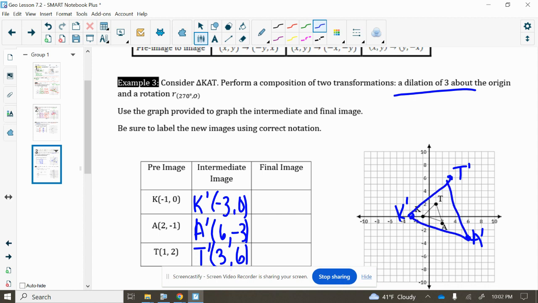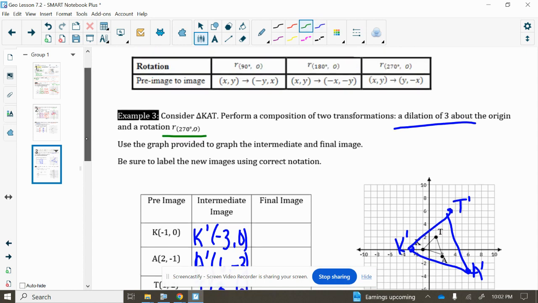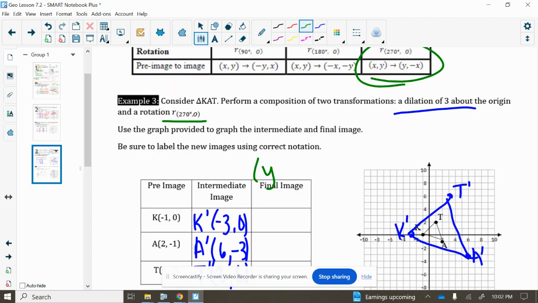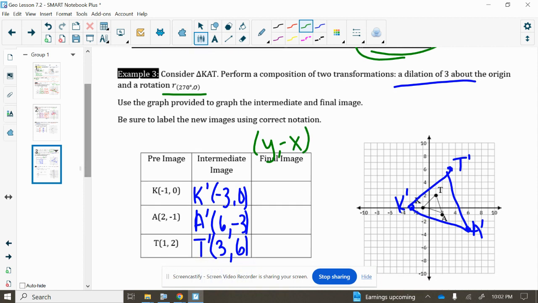And then from there, what we are doing for our final image is we are going to rotate it 270 degrees. So our 270 degree rotation requires us to take our points, flip your X and your Y value, negate the Y. So as we look for our double primes then, this time we're going to flip X and Y. Now this negative 3 is going to become a positive because again, we're changing the Y's.